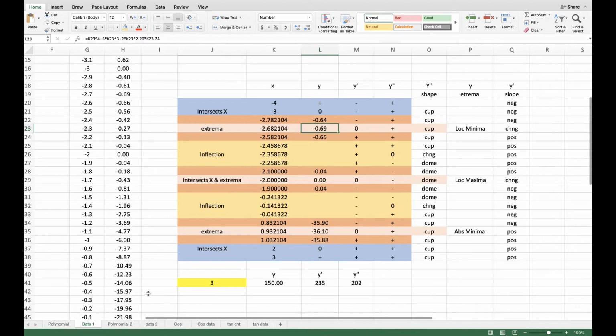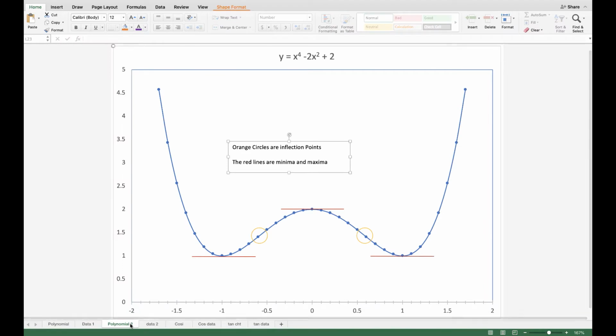And I found how fabricated they were because of the problem of finding a polynomial that will actually factor. Here is the equation that we're given right here. y equals x to the fourth minus 2x squared plus 2.